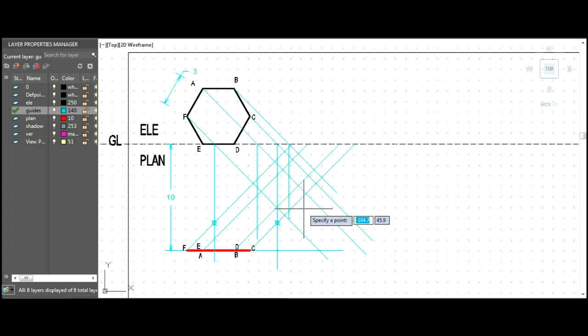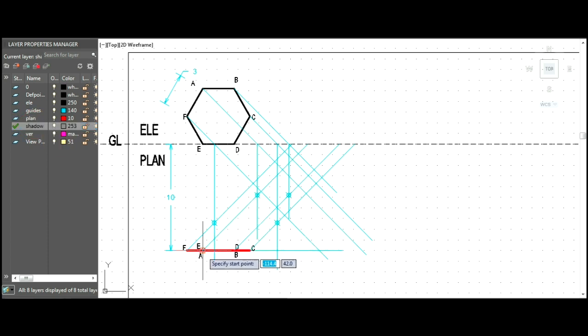Similarly, B and A. So A and B are in one straight line, F and C are in another straight line, E and D are on the base. So now joining them in the shadow, the object sits on the horizontal plane, so the shadow starts from the base of the object.